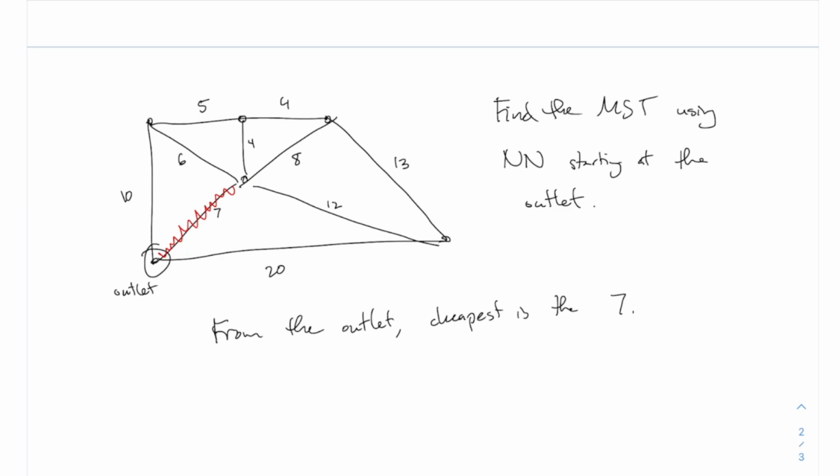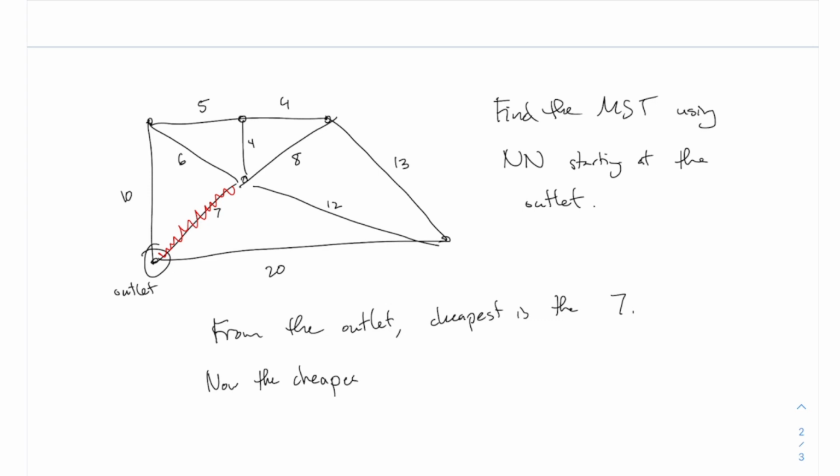Which one is it? The 4, yes, she's showing me the fingers. The 4 is the next one. I'm trying to narrate here, just because when I just write the answer, it's hard to tell how I got that, because I'm just scribbling. But I'm going to say, first, from the outlet, the cheapest is the 7.